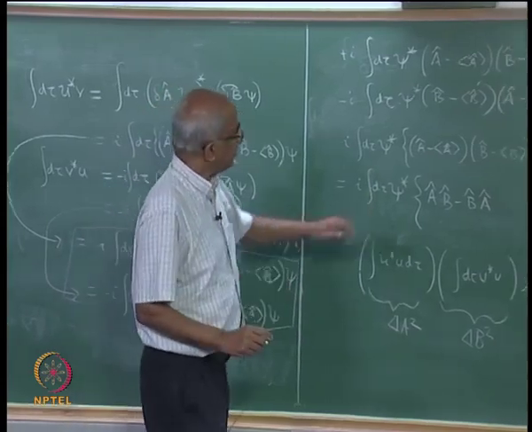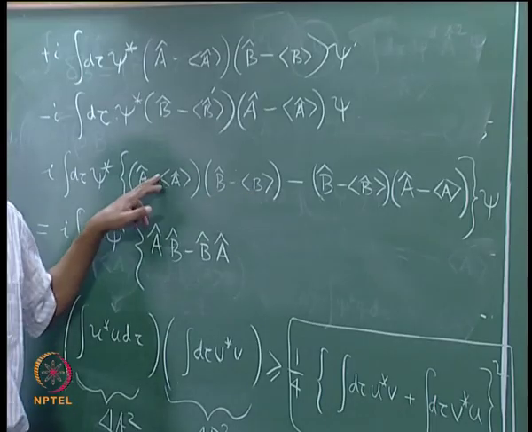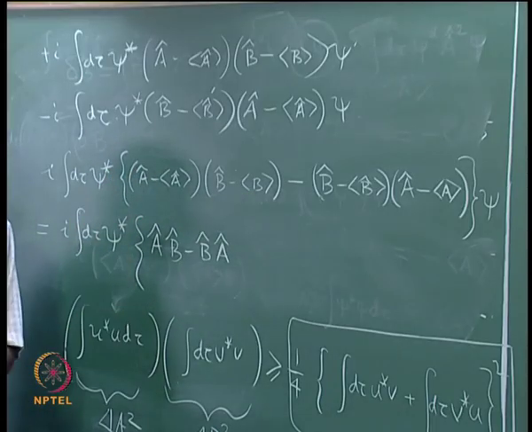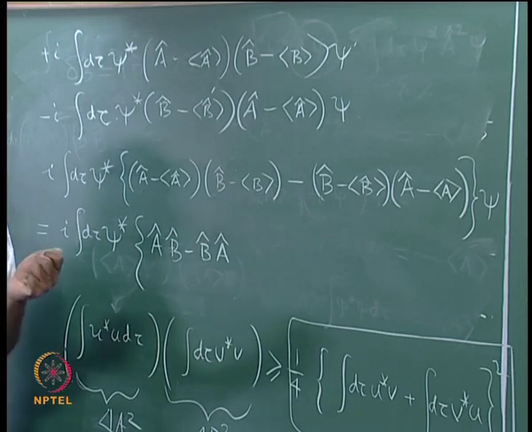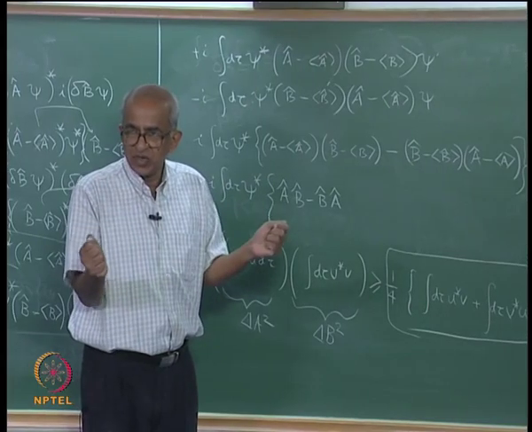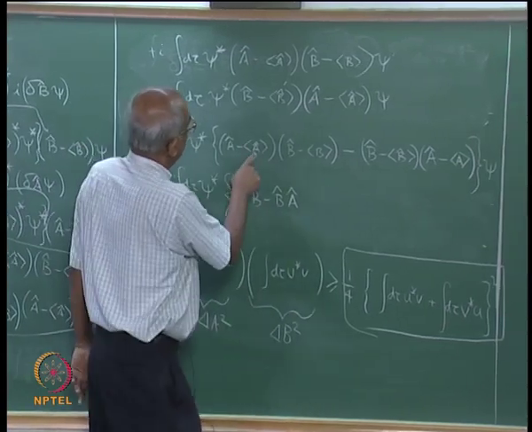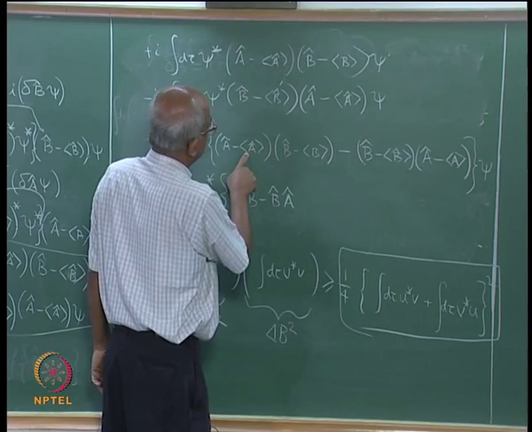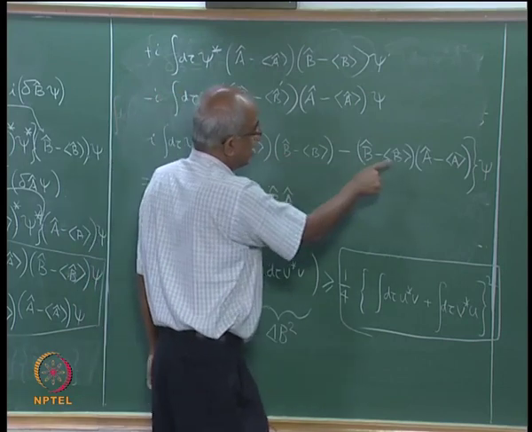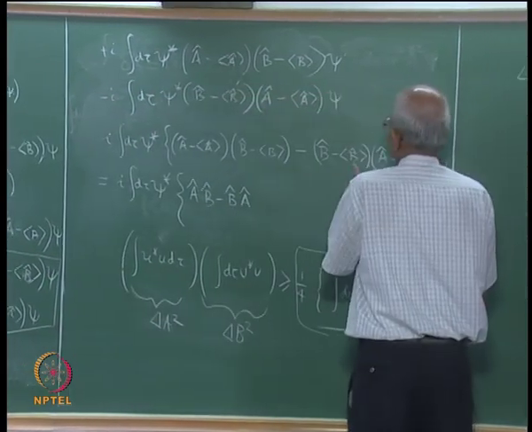And then you should remember that these things are numbers. As far as numbers are concerned, you can put them in any order you like. They are not operators, and therefore you, for example, will get minus expectation value of a into b, and you will get a similar kind of term from here.